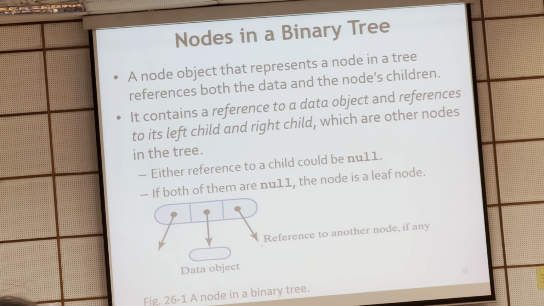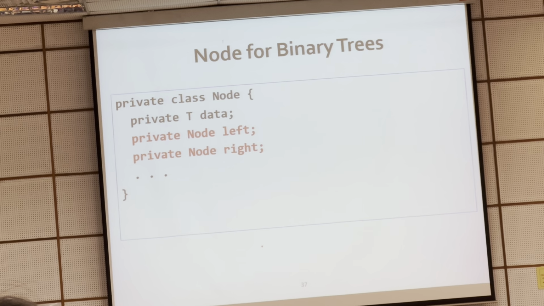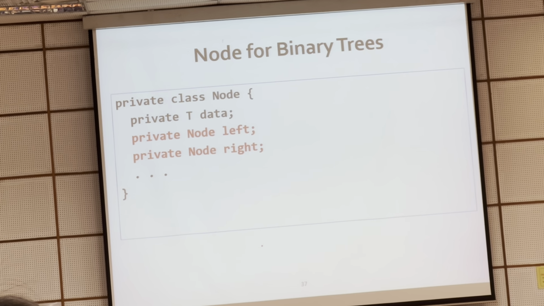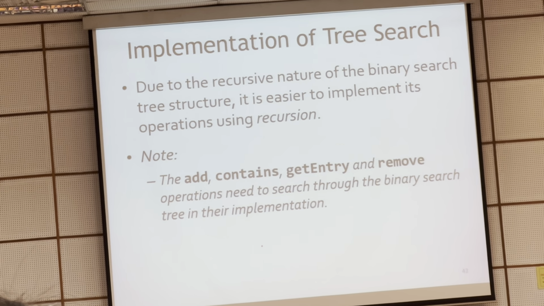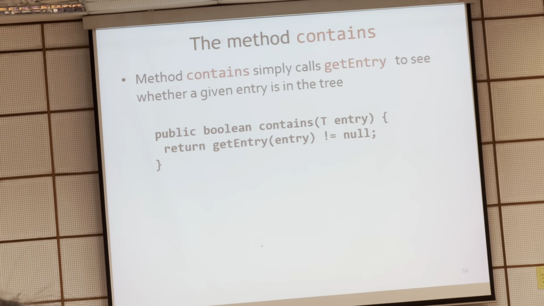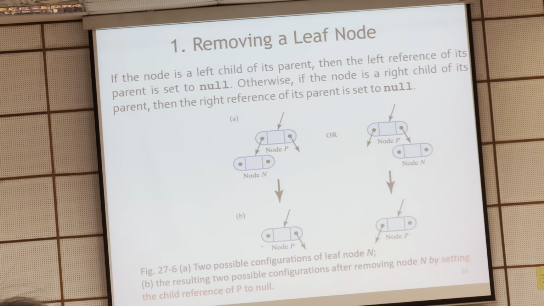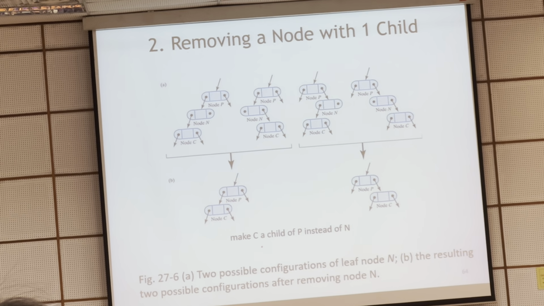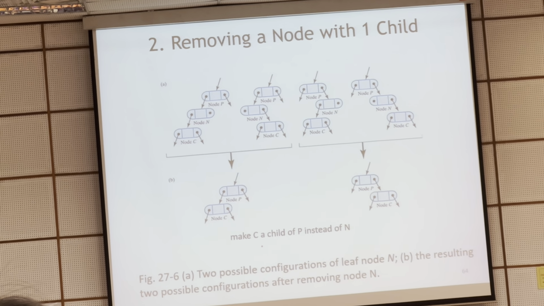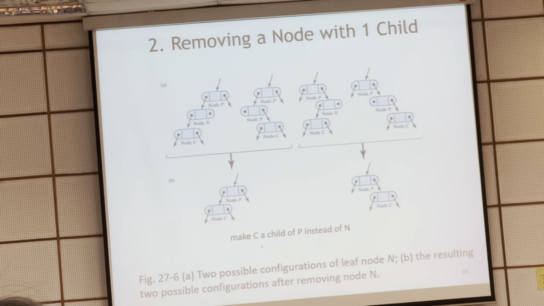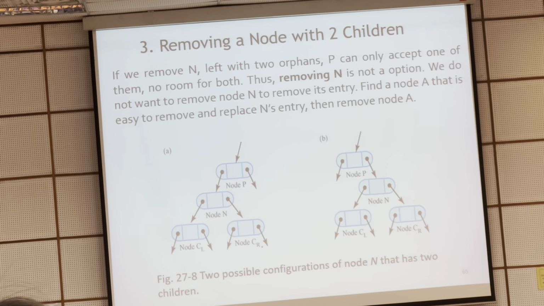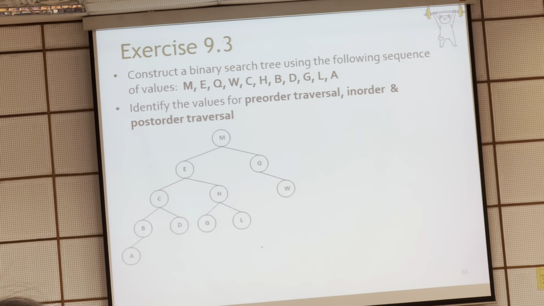We must declare the nodes. Earlier for our linked list, what did we have? We have data and next. Remember? So here we must have left and right. This is how it should look. The node should be able to point to the left node as well as the right node. Now let's go back.